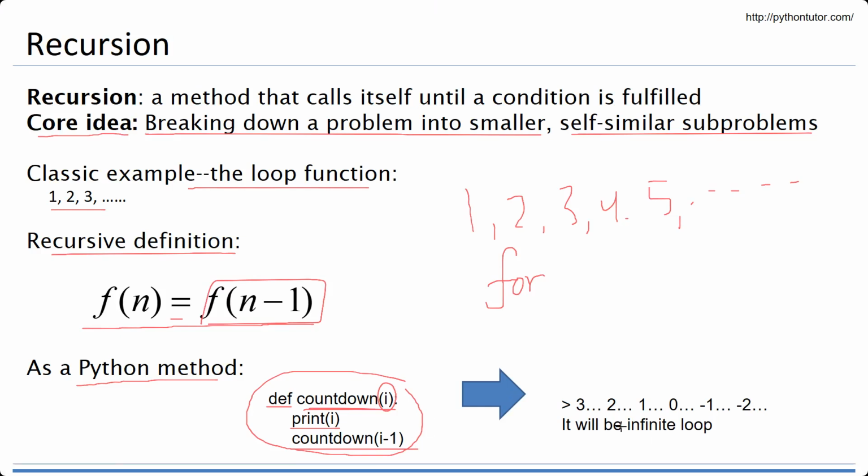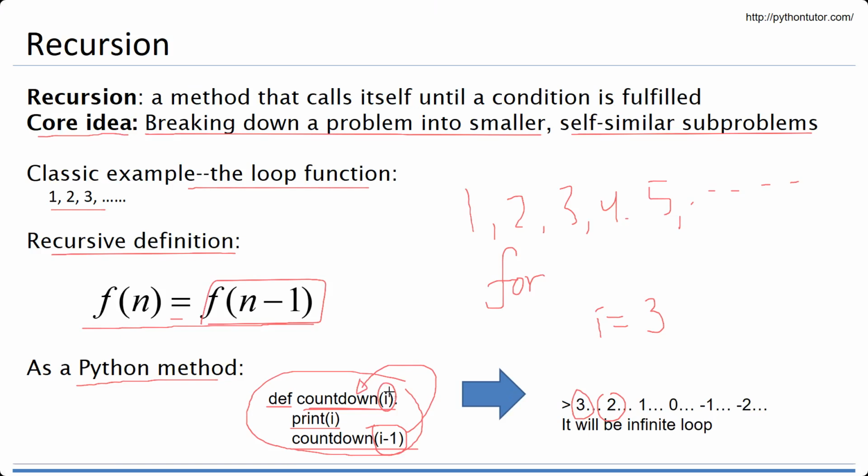If you run this in Python, for example, I put i equals 3. Then it means I start the countdown from 3, and then I will check 3 minus 1, which is 2. So I will call the method again.